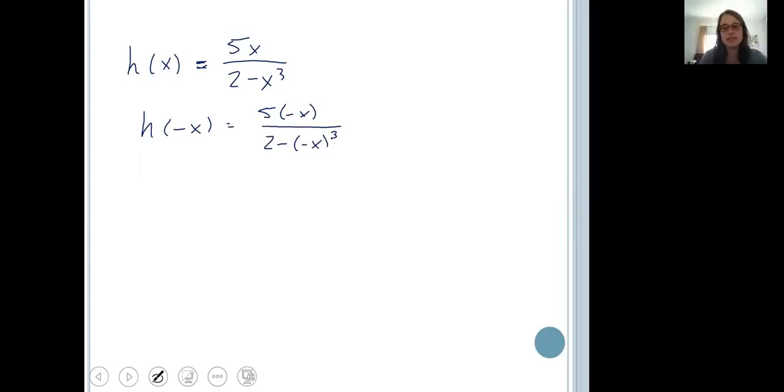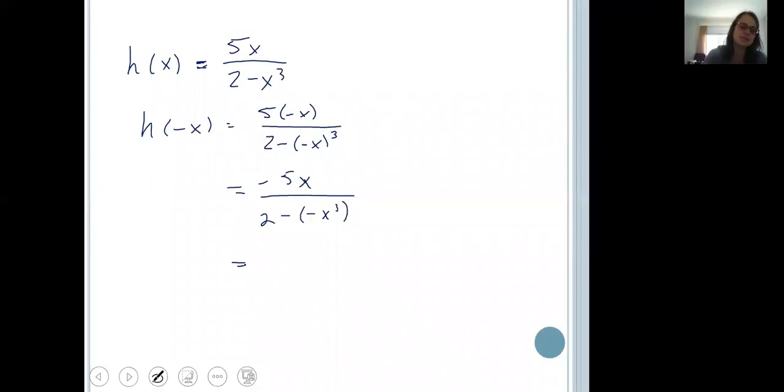And you're probably thinking to yourself, that's going to be odd because all of my exponents are odd. Let's look. 5 times negative x is negative 5x. Okay, so far so good. 2 minus, now, negative x to the third power is negative x to the third.